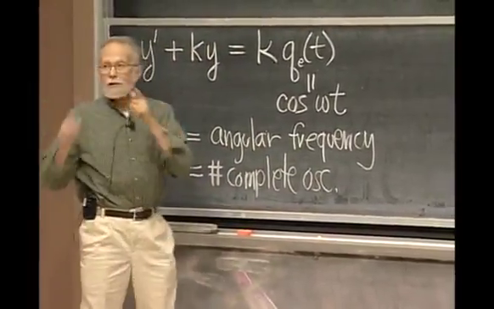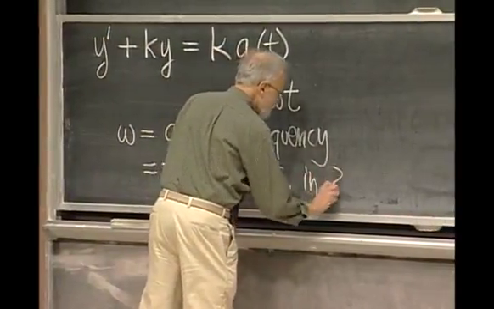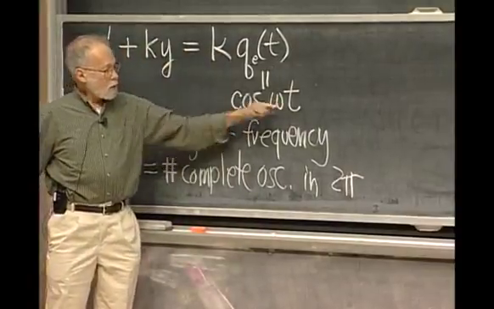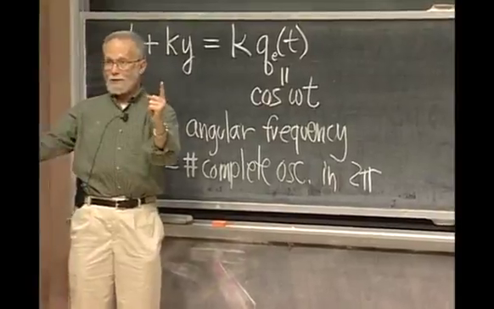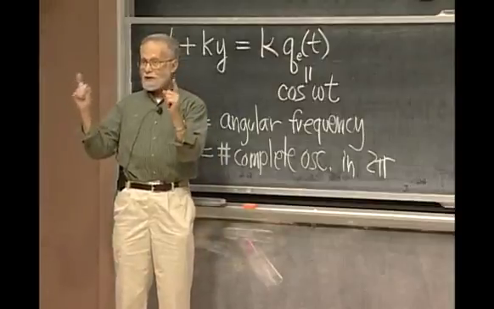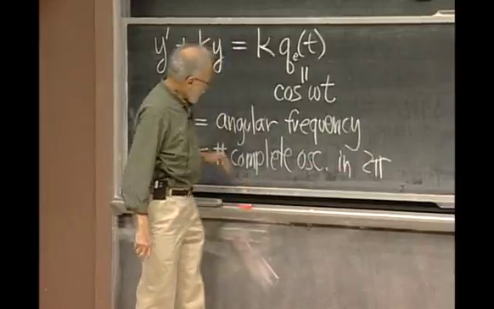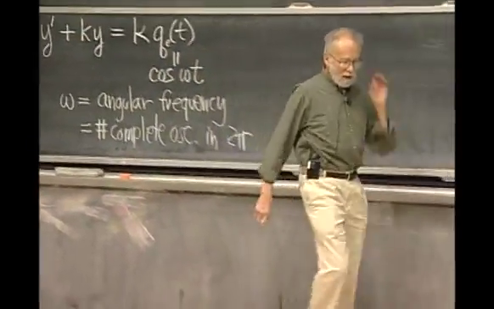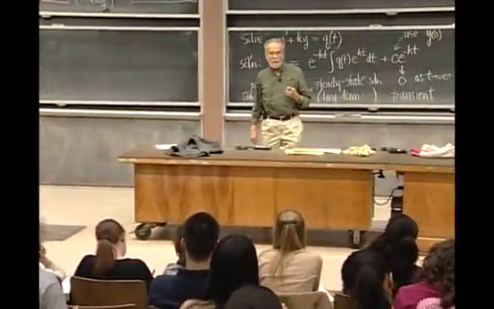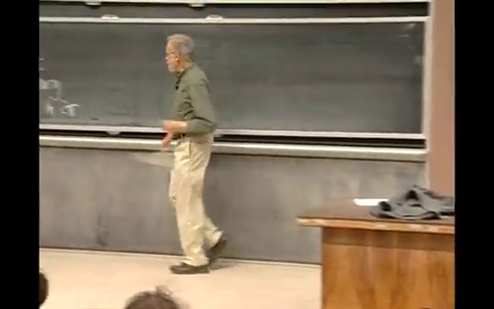In the interval of length 2 pi on the t-axis. Because if omega is 1, cosine t takes 2 pi to repeat itself. If omega were 2, it would make 2 complete oscillations in the interval 2 pi. So it's what happens in the interval 2 pi, not what happens in the time interval 1, which is the natural meaning of the word frequency. There's always this factor of 2 pi that floats around to make all your formulas and solutions incorrect.